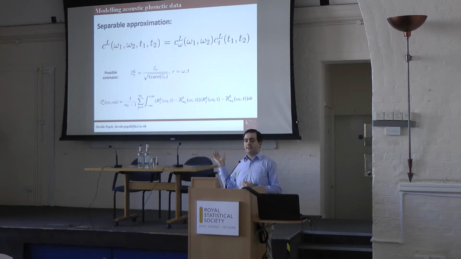Of course, this factorization is always defined up to a factor, because you can always put a multiplicative factor in front of one covariance and divide it on the other side. So here you have a liberty in how to treat this, and what we did was to choose a normalization in both time and frequency that guarantees that the product of the two gets the correct total trace for the 4-dimensional operator.